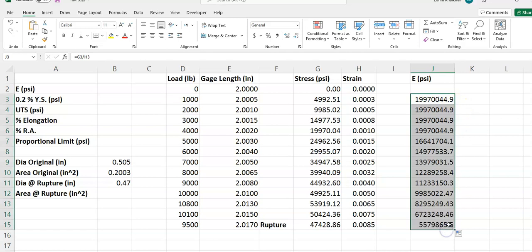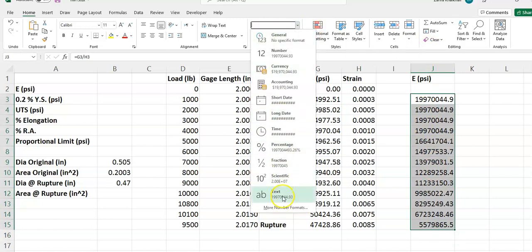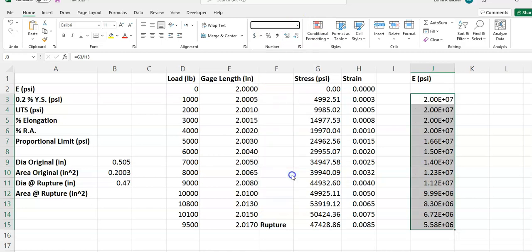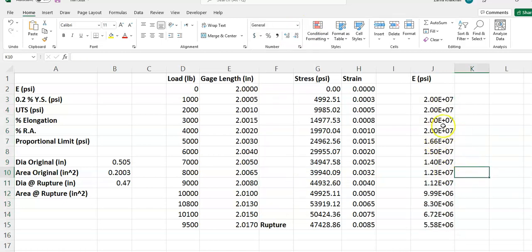Drag this autofill handle, and here let's convert this to scientific notation format. Now, if you notice, you can see that for the first four answers that we got here, we have the same number, and for the rest, we have different values.